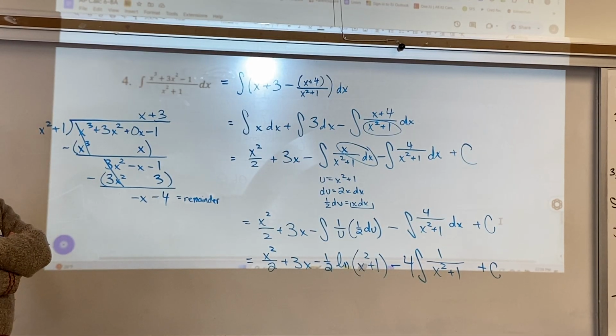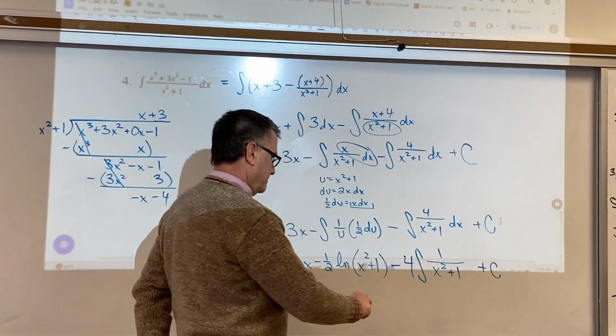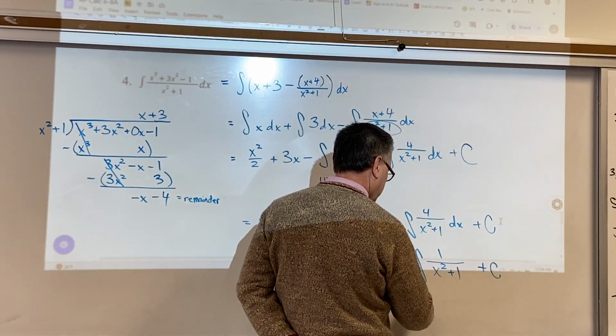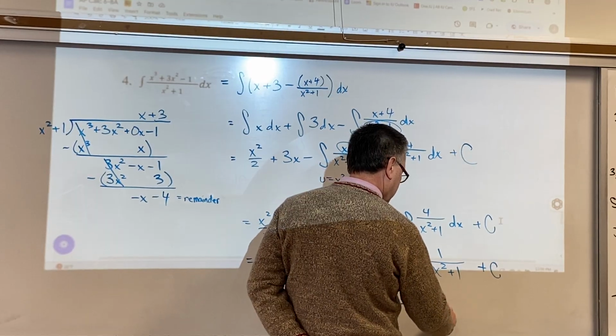Does that help me locate an integral? 1 over something squared plus something squared. Integral of 1 over something squared plus something squared is inverse tangent. We finished it, guys.